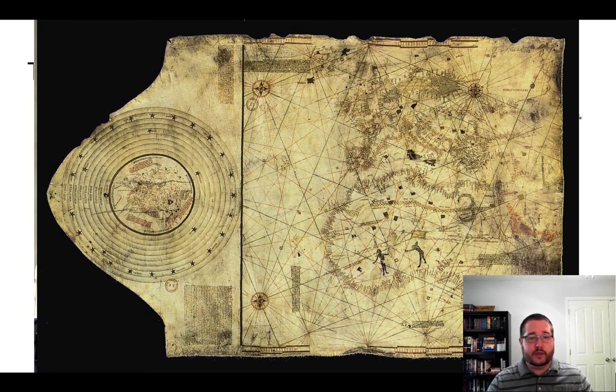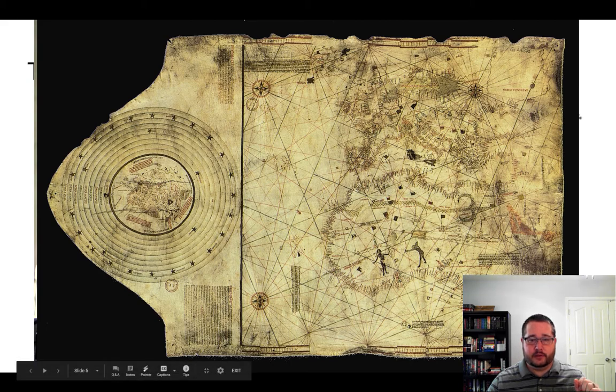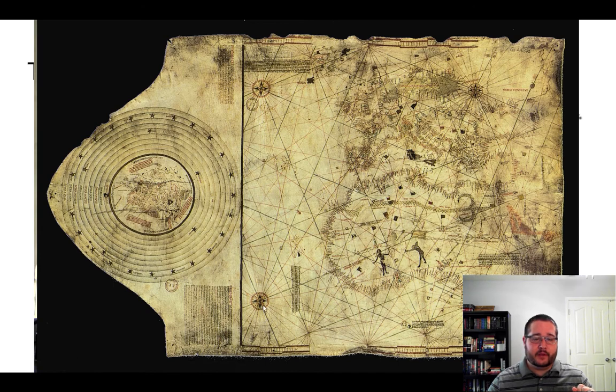Here's an example of a really, really cool old ship's map where you've got key stars that you can see in the sky, depending on where you are, and you've got points where you could use that astrolabe and figure out exactly where you are on the map.